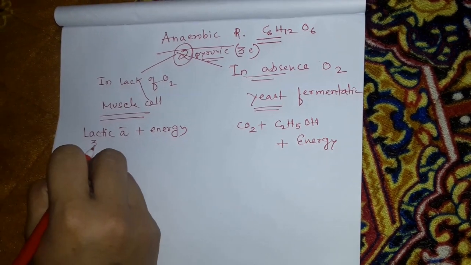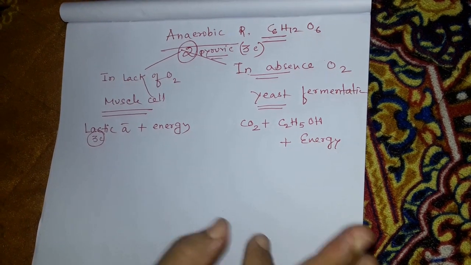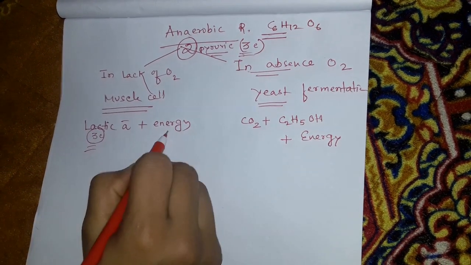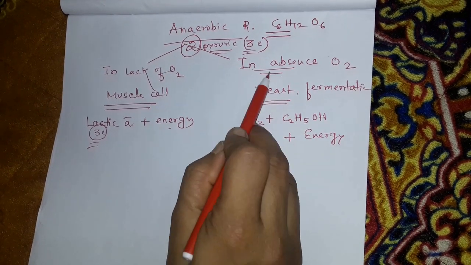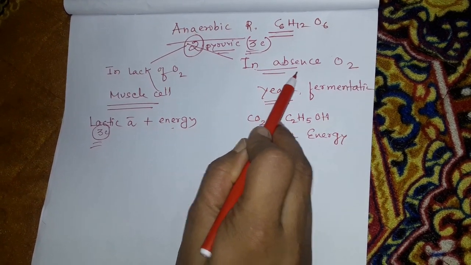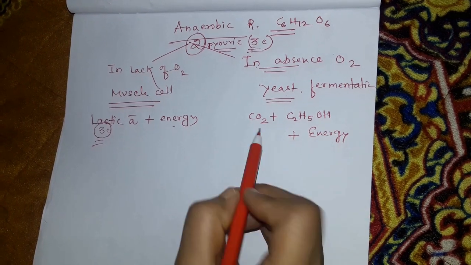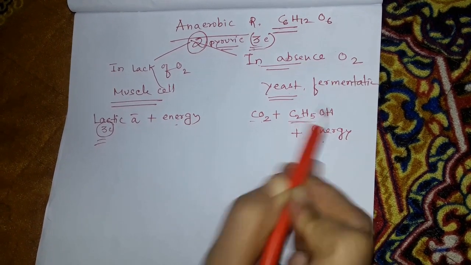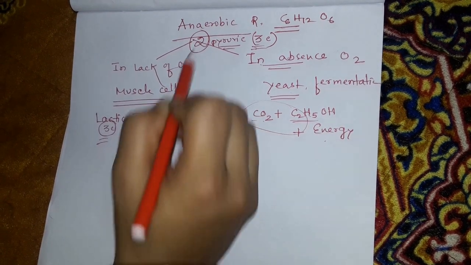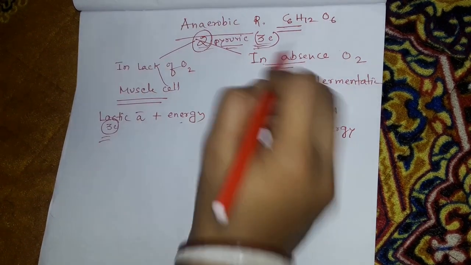It is also 3 carbon. So no CO2. 3 carbon and 3 carbon, and very little energy. In absence of oxygen we get yeast fermentation: CO2, C2H5OH and energy, 1 CO2 and 2 carbon in ethanol, so the 3 carbon is balanced.